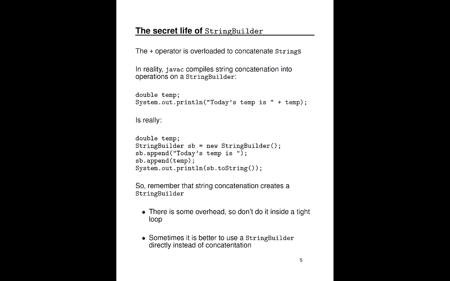So, there are rare cases where you need to really look at your code to make sure that you understand the impacts of using the plus operator to concatenate strings. And if you decide that the plus operator is not right in that instance, don't worry, you can just use the string builder API directly, which probably means creating your string builder outside of the loop as opposed to creating a new one every time.